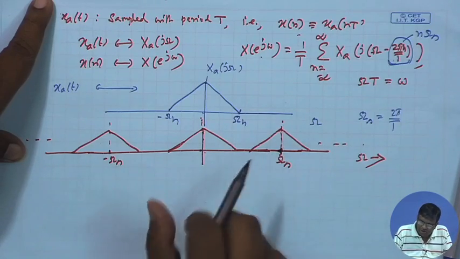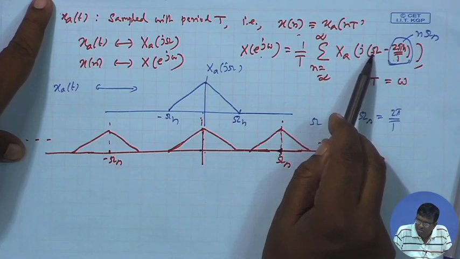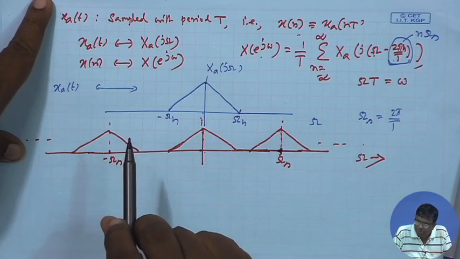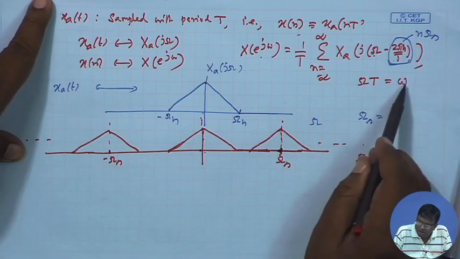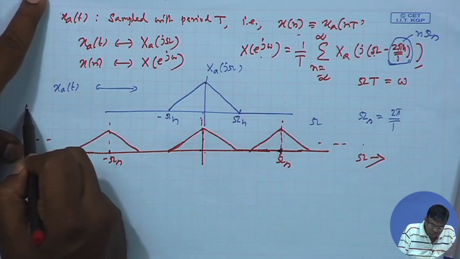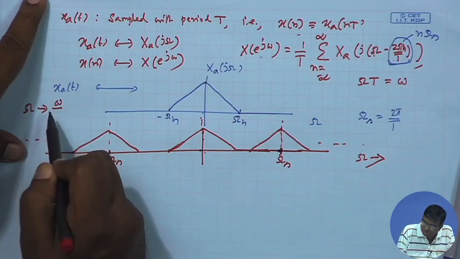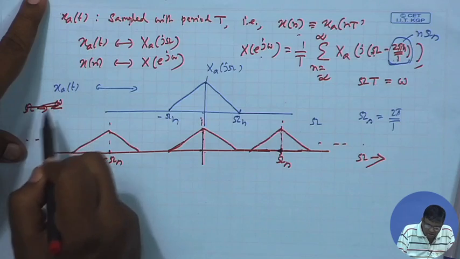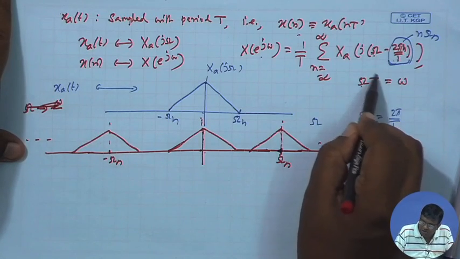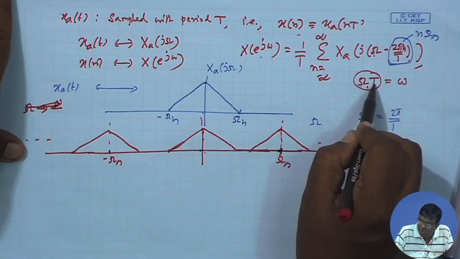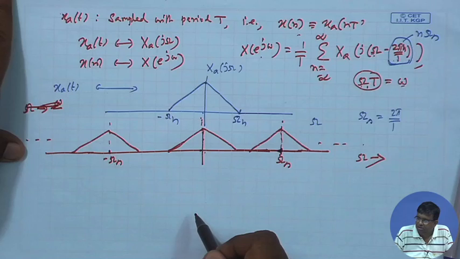Then you have to write this as a function of not capital omega, but as a function of small omega. Wherever there is capital omega, you multiply capital omega by T, and it will amount to that much small omega.